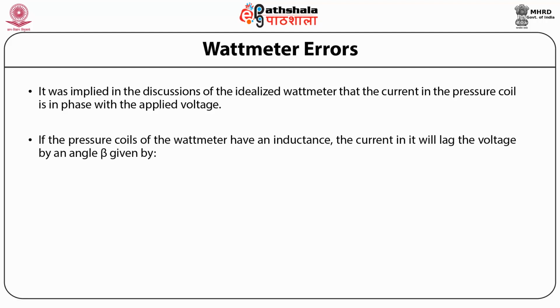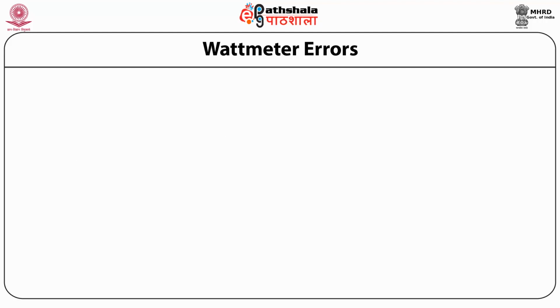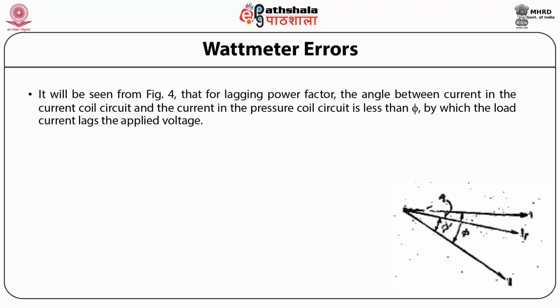If the pressure coil of the wattmeter has an inductance, the current in it will lag the voltage by an angle beta, given by beta is equal to tan inverse of omega L by capital R plus Rp.